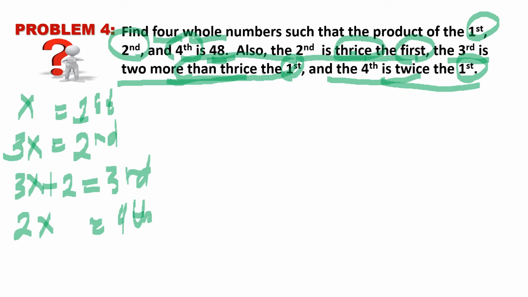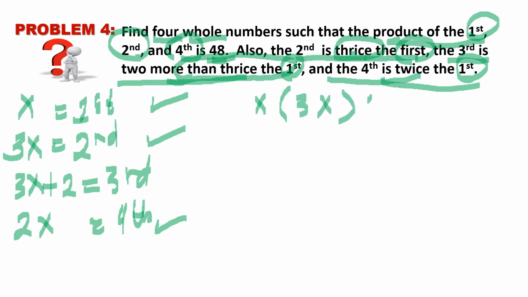Now, for us to come up with the equation, it says here, the product of the first, second, and fourth is 48. So, x times 3x times the fourth one, 2x, is 48. It looks easier this time because all of these are monomials, and we can't see any plus or minus.